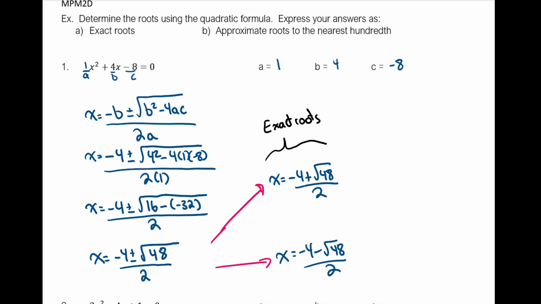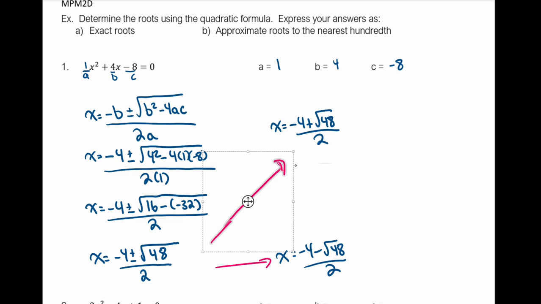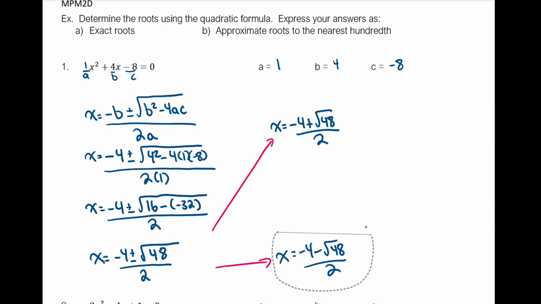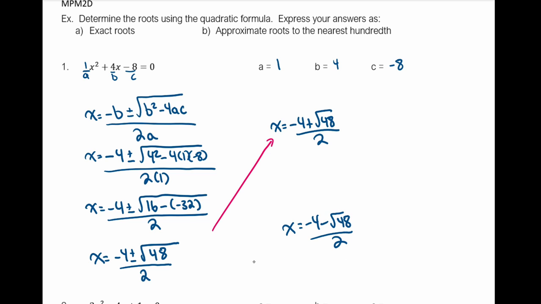When we take it a step further and actually solve this, we're going to have to do a little bit of solving here. So these two, like I said, are my exact roots.